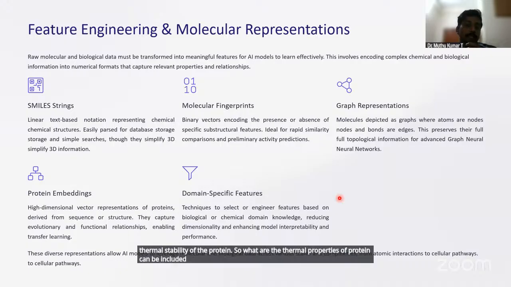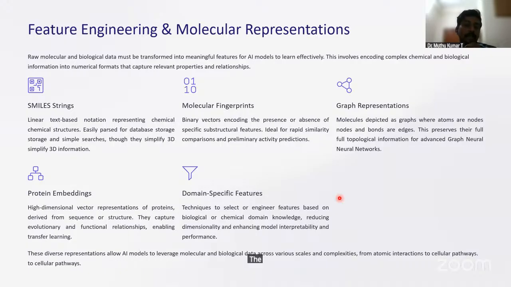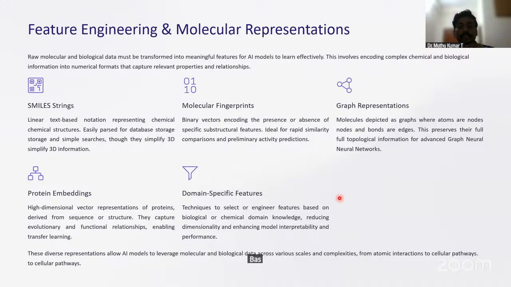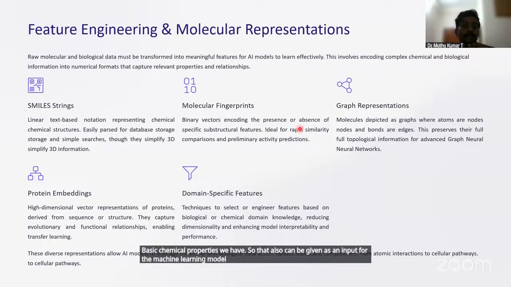If you want to predict pharmacokinetics, pharmacodynamics or toxicity, then the previous toxicity properties the chemical has, or the basic chemical properties, can also be given as input for the machine learning model. So these are several sample inputs we can generate from chemicals or proteins to give as an input file for our machine learning model.